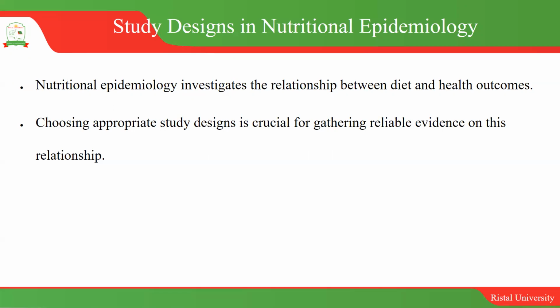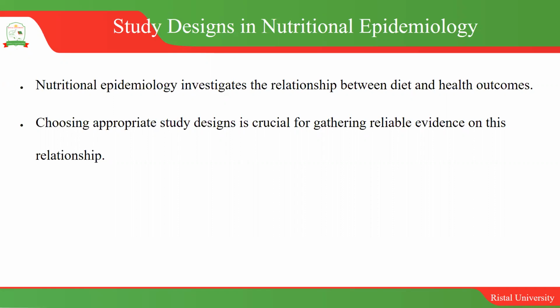So for us to understand the answers to those questions, we need to carry out studies or research. So we need to use the appropriate research designs to be able to come up with the right answers.